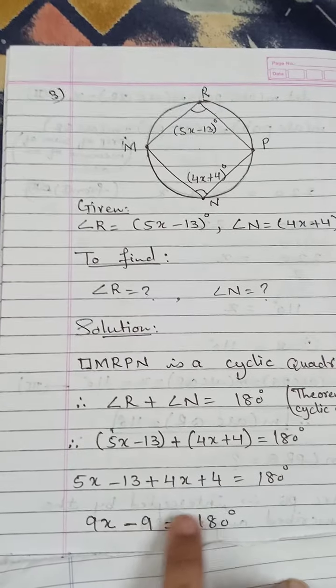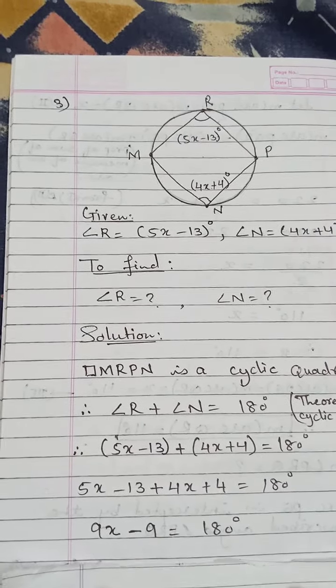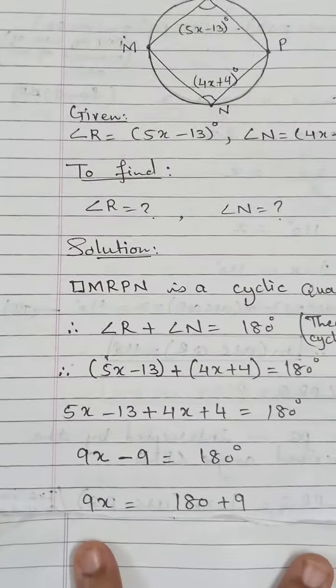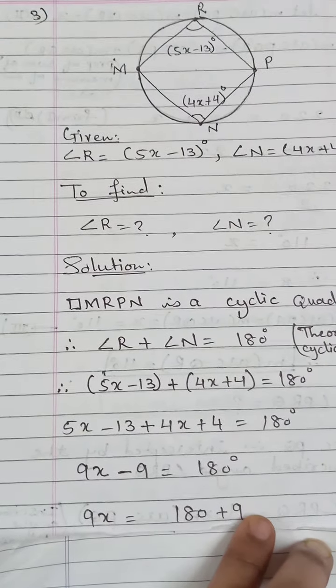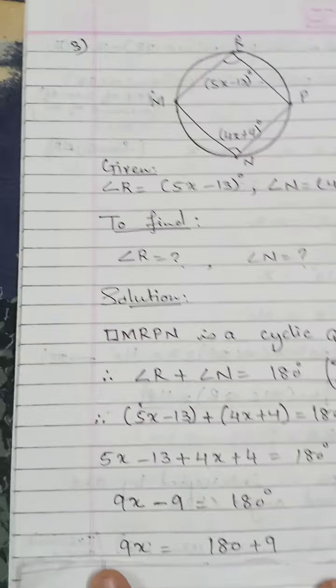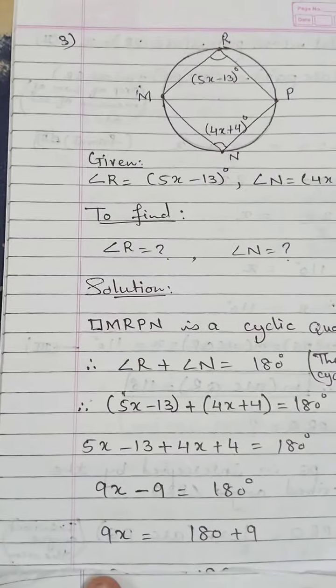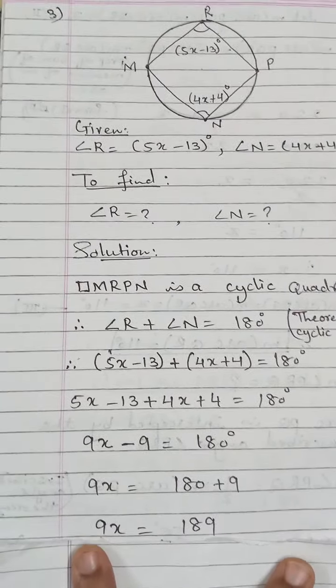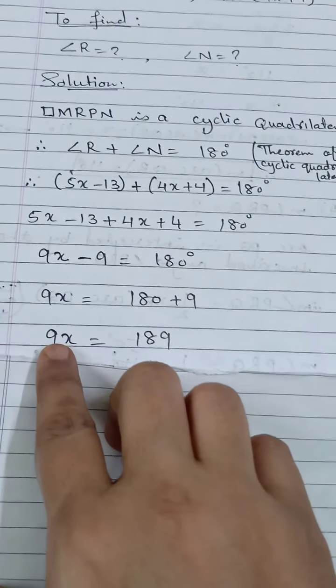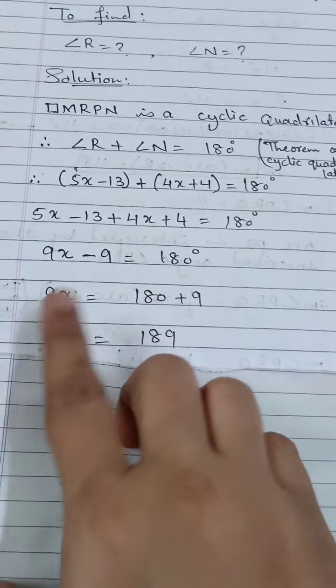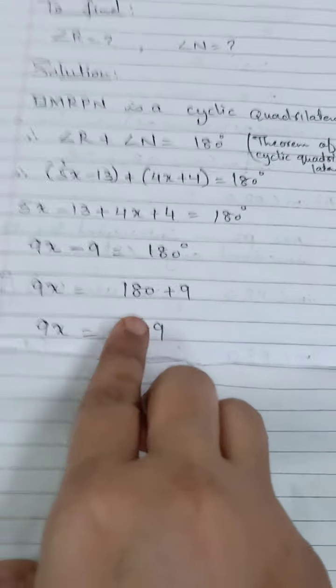Now this minus 9 we take to the other side, so it becomes plus 9. So 9x is equal to 180 plus 9, which becomes 189. Here 9 is in multiplication, so whenever I take this 9 to the other side, it becomes division.